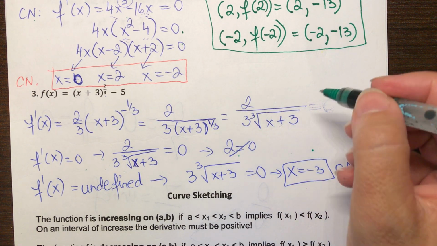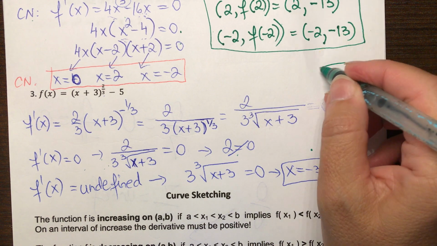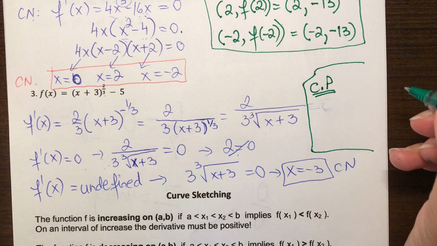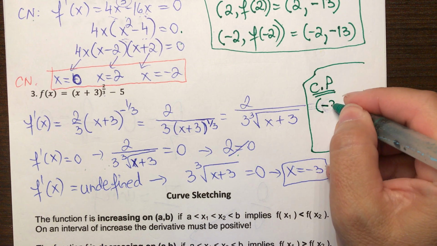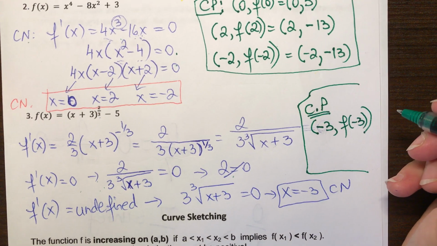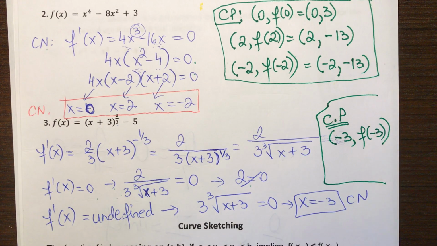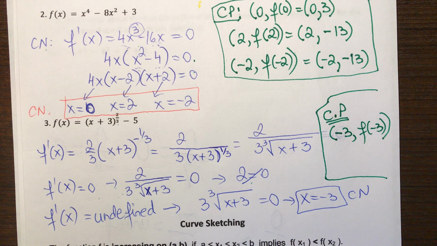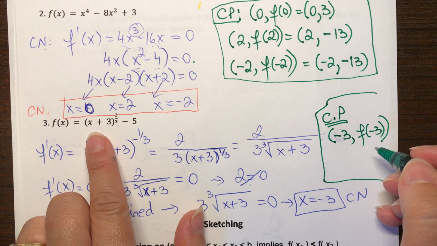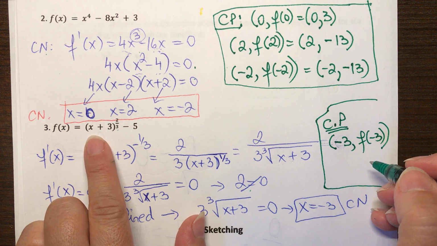I don't have much space, but I do right here. Let's find the critical points. How do I find the critical points? I plug negative 3 into the initial function. Good thing, because if I plug it into the derivative, I wouldn't find an answer, right? So it's the function itself. If I plug negative 3 into this function, what do I get?